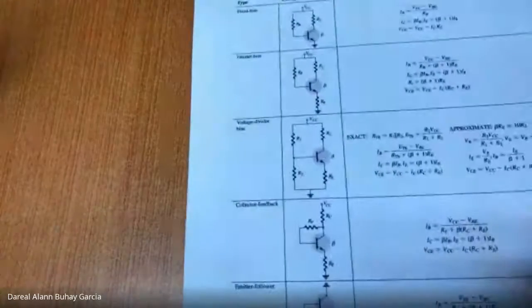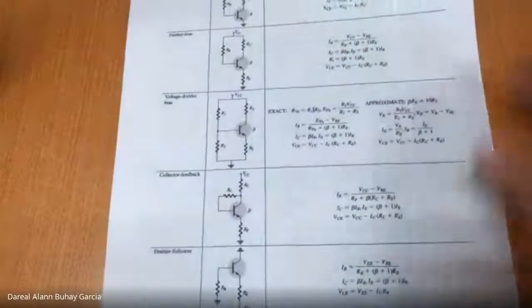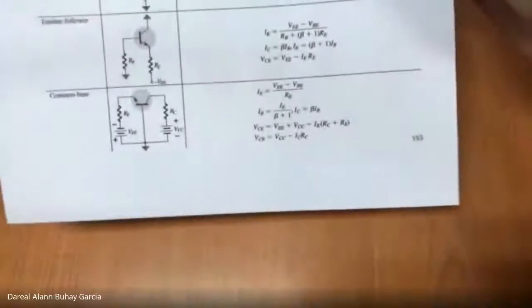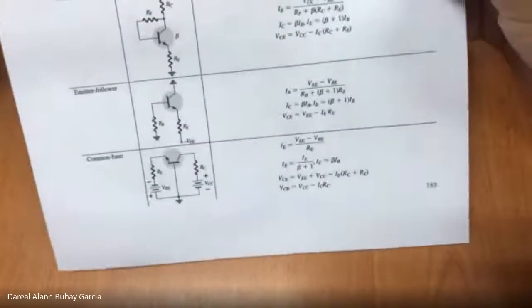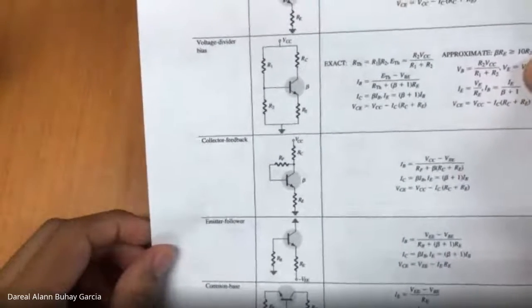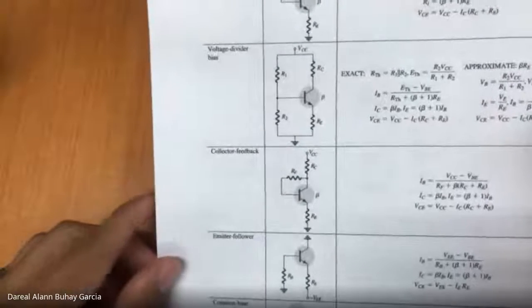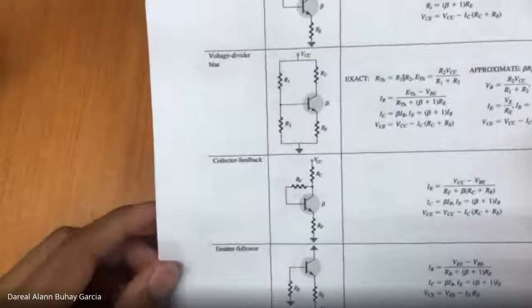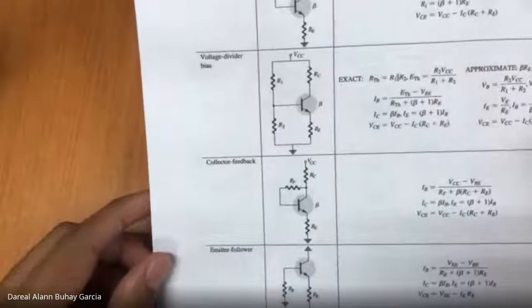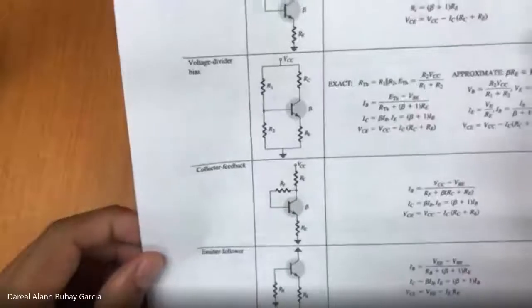So, naa koy gi-kuan nga part sa textbook, no? Gi-separate. This is page 193 sa text. Ang VO equals beta something diri kanang example, specific lang to siya sa kanang circuit, voltage divider bias.